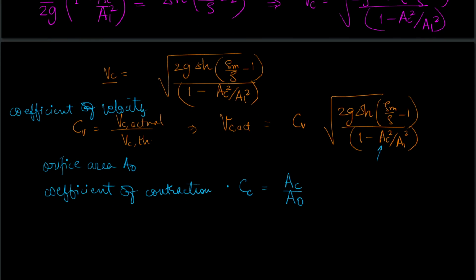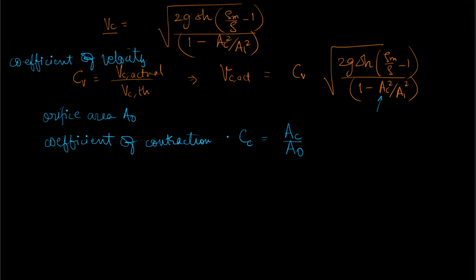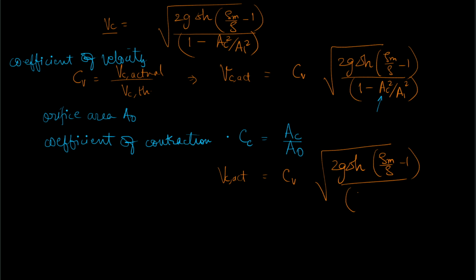Using this, we can find a more simplified expression for the actual velocity as the coefficient of velocity multiplied by the square root of 2g delta H (rho m upon rho minus 1) upon (1 minus Cc square A naught square upon A1 square). In fact, the flow rate or the discharge will be Vc multiplied by the area of contraction.